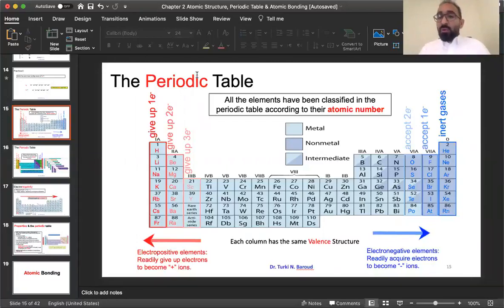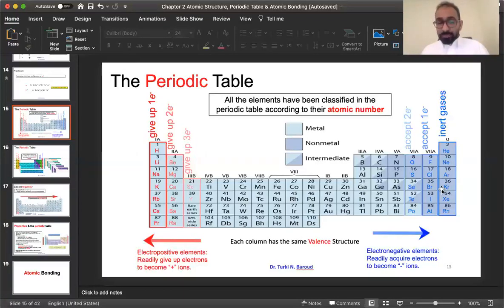Now, that can tell us why the inert gases are inert. They don't want to get into any reaction because they have the minimum possible state of energy. They cannot minimize the energy further. However, if you look at the rest of the elements in the periodic table, some of them would like to give up electrons, some of them would like to accept electrons, in order to assume the electronic configuration of the inert gases and minimize their energy.